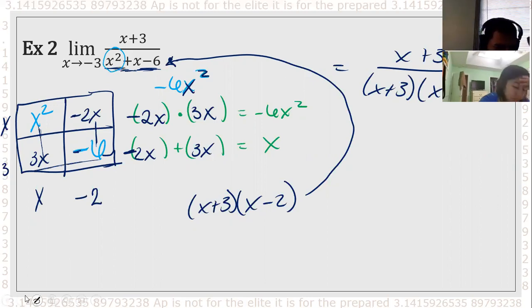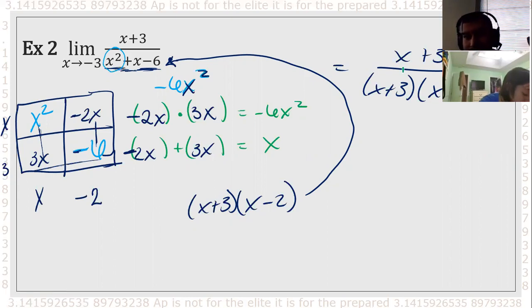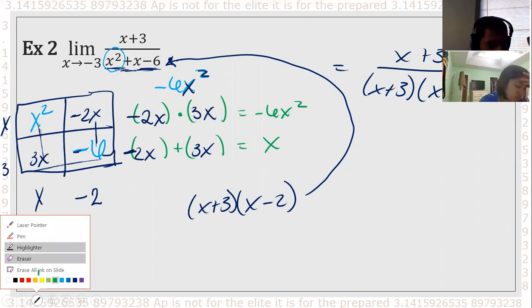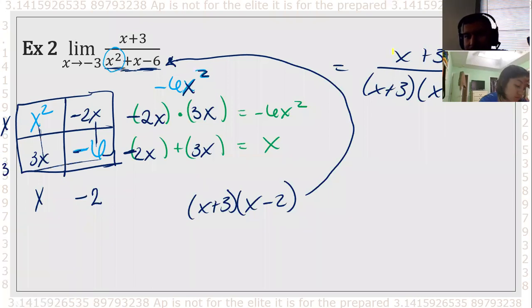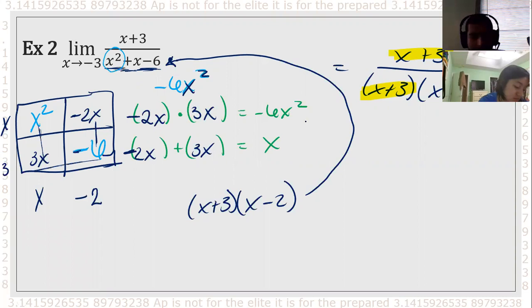A lot of stuff is going on, but hopefully you can still see that I got this x plus 3 and this x plus 3. What can I do with those two numbers? They're exactly the same, same on top, same on the bottom.